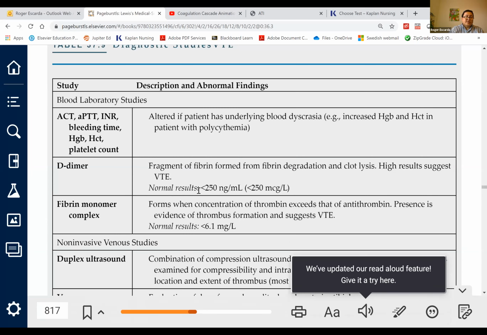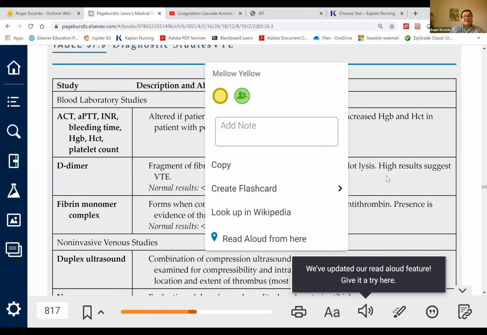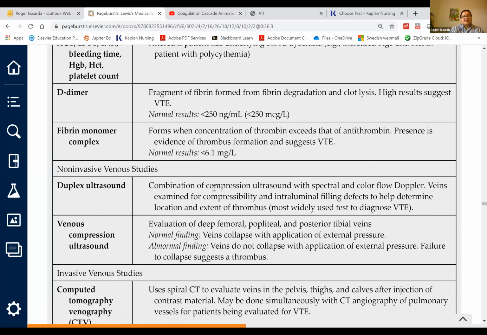This is the normal result. So if it's more than 250 nanograms per ml, that's highly suggestive of a VTE. But can we make a diagnosis based on a D-dimer? No. What will be the next order? The Doppler ultrasound.